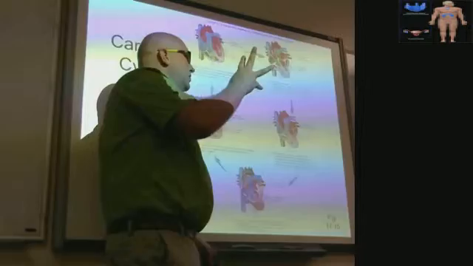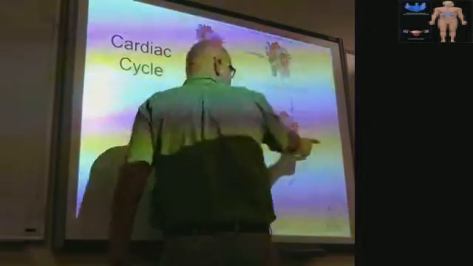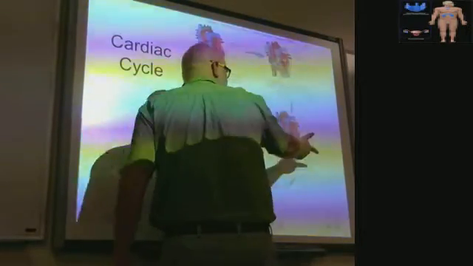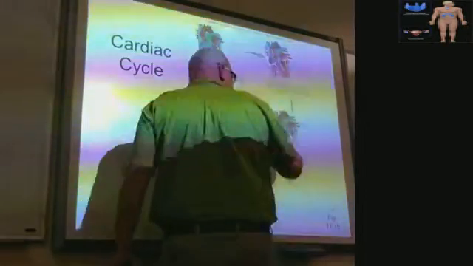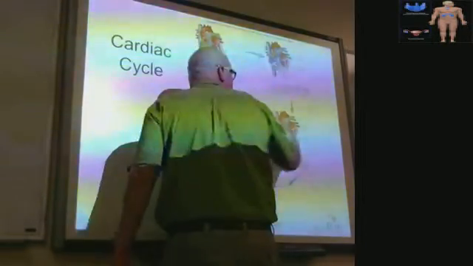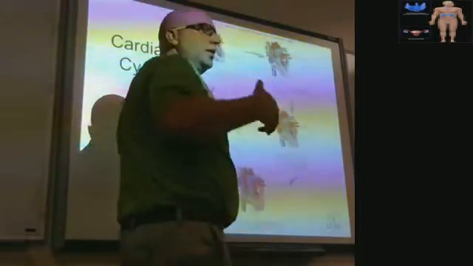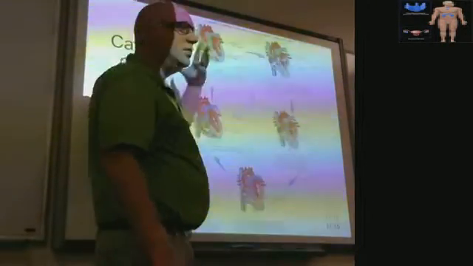Then we move down to diastole. In diastole, the ventricles are relaxing, the atria are collecting. In diastole for the ventricles, the atria are in atrial systole.